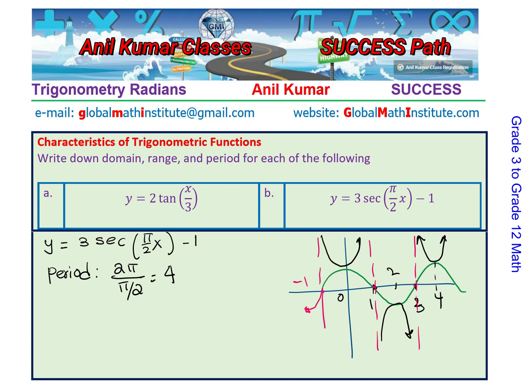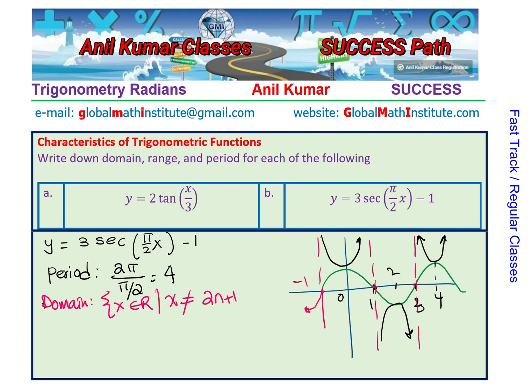So we can write that the domain of this function is x belongs to real numbers, where x is not equal to odd numbers, 2n plus 1, where n belongs to integers. Makes sense? So that is how we are going to get the domain of this function. Is that clear to you? We have already found the period, which is 4 units.